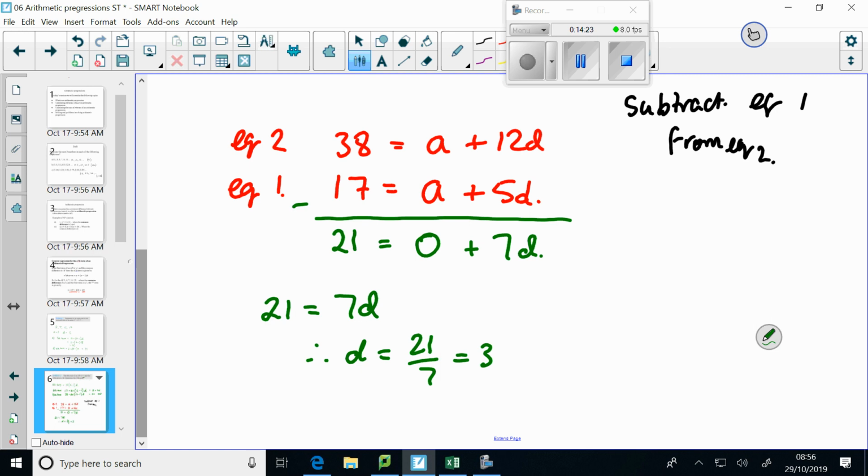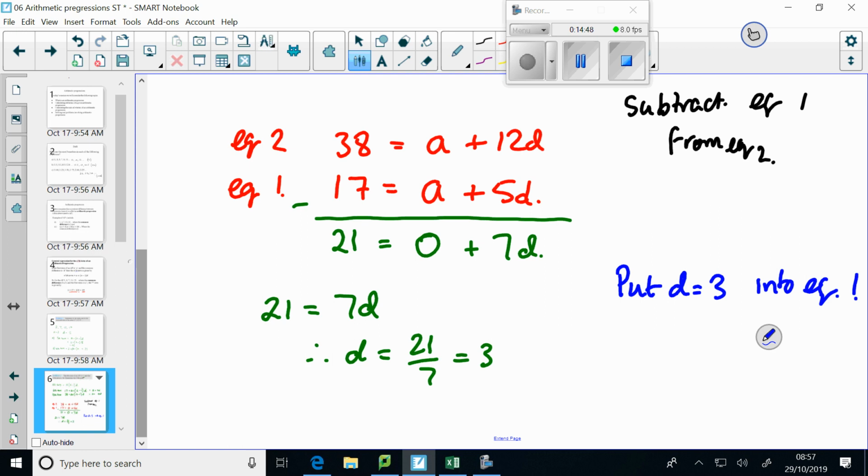So I've found d. Now what can I do? I can put d equals 3 into either of those two original equations. Let's choose equation 1.